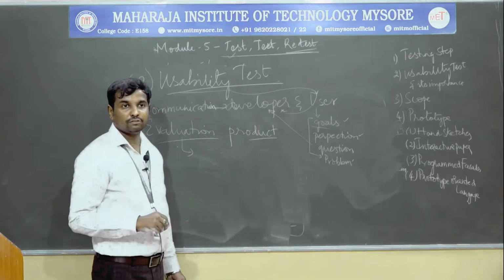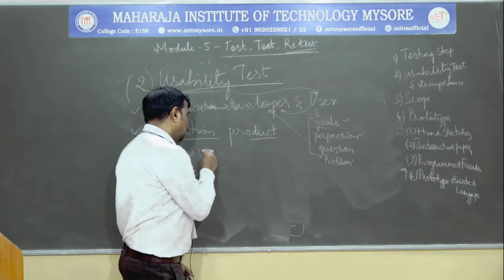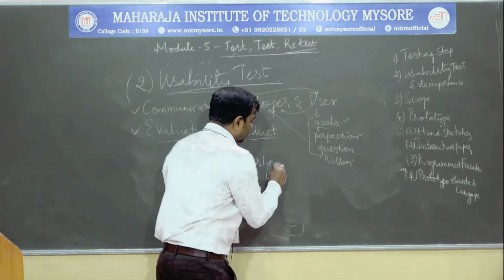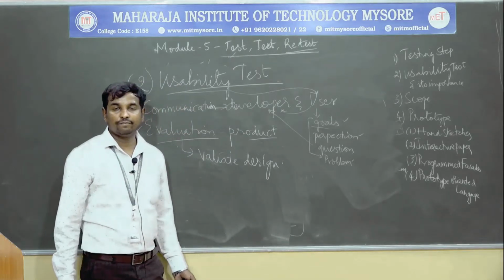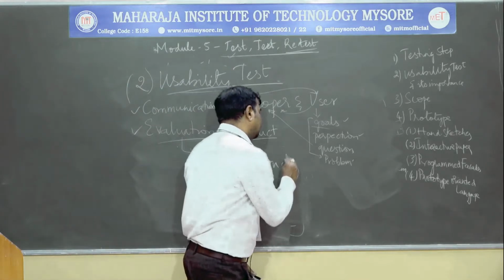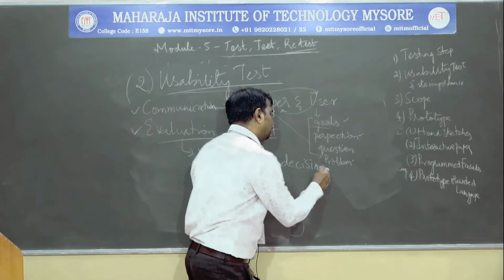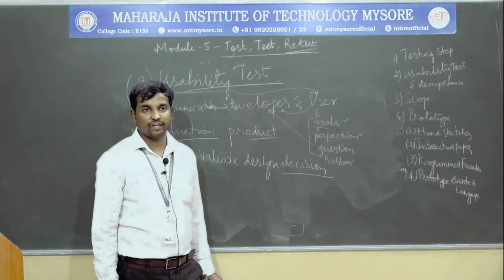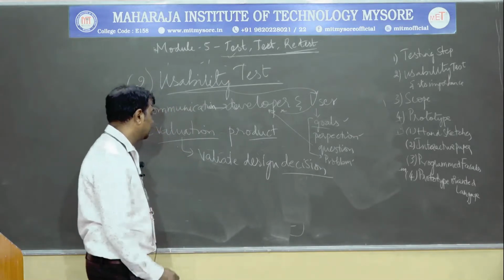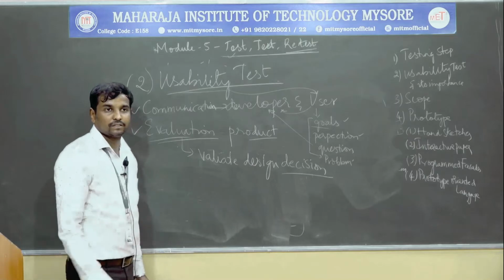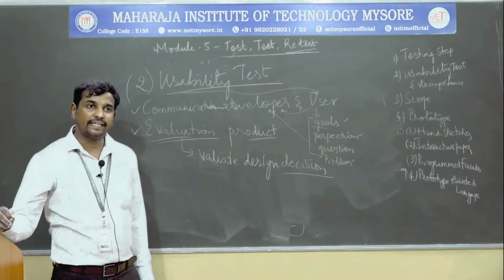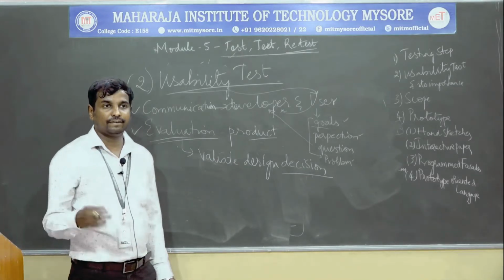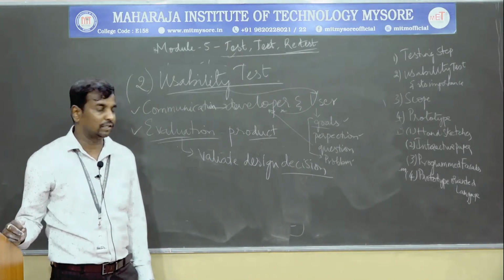It is also used for validating the designs, that is, whether the design decisions taken by the people are appropriate or not will be checked by validating the products. By this we can identify more problems that occur for the users.